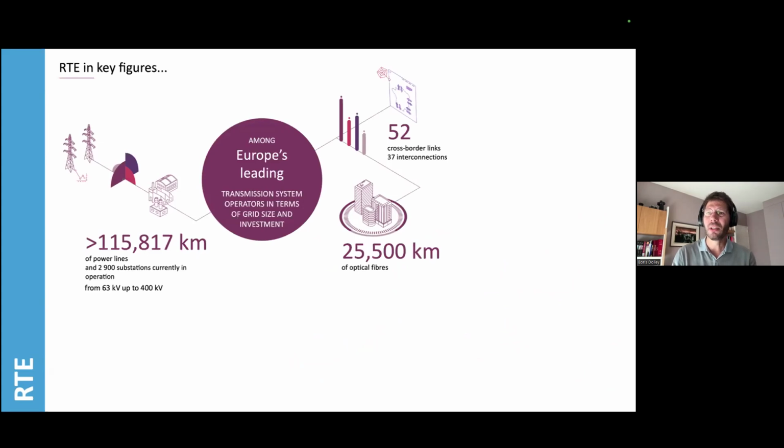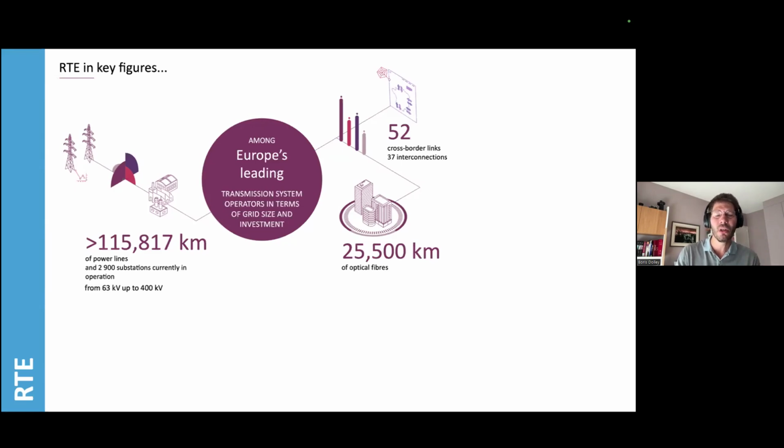It's singular. In Europe, you will find a lot of TSOs that are only in charge of the load, managing the adequacy. Key figures: we have something like 3,000 substations. Our level of voltage starts from 63 kilovolts up to 400 kilovolts, and it's also a singularity in Europe.